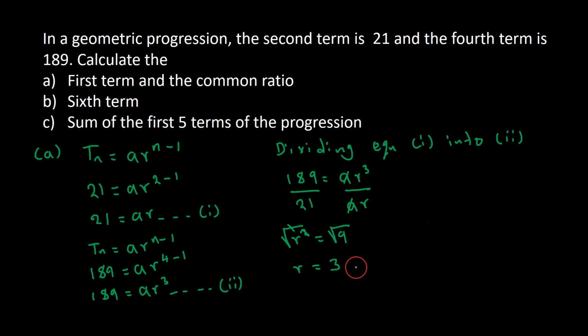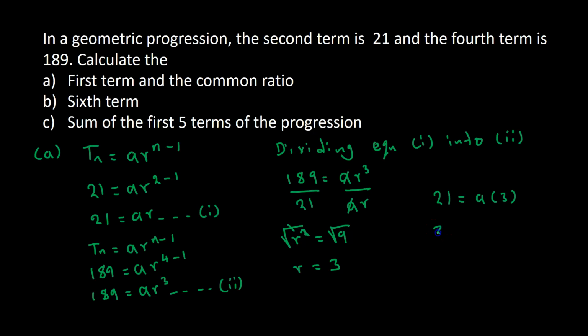We can use this common ratio to find the first term. So let's pick one of the equations. Any of them you can use, but I'll go with the first one, where you have 21 equals a, and where there's r, I will replace with 3.